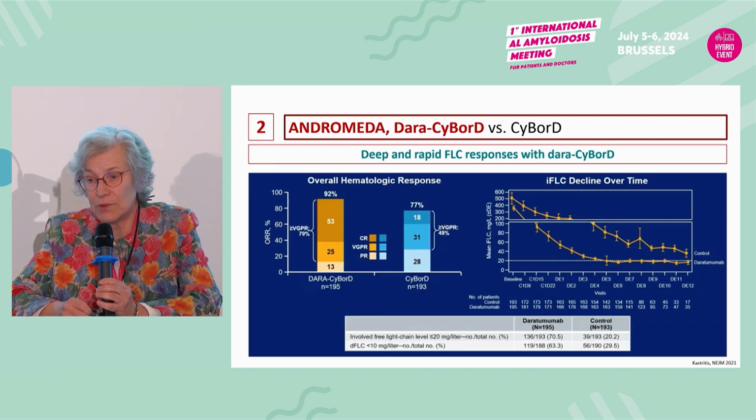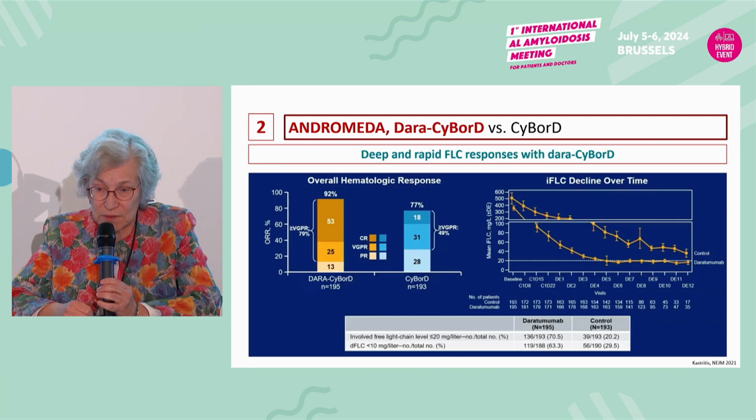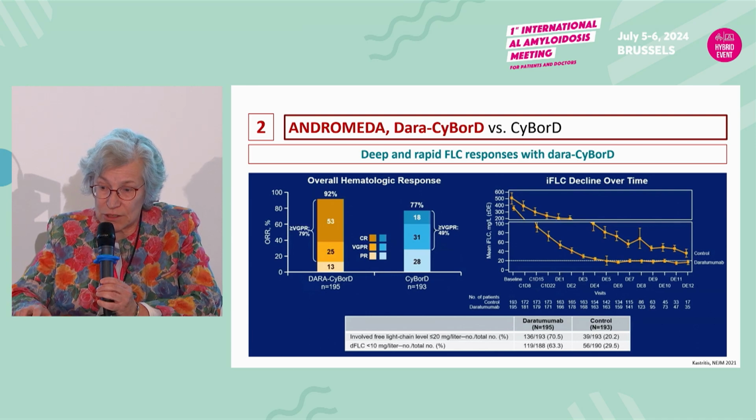But anyway, we can appreciate the overall hematologic response that was quite very high. Even VGPR or better was around 80%, better than the VGPR achieved with VCD, but the major impact of adding daratumumab to VCD was the fact that, as you can see on the right part of the slides, the decrease in the free light chain is quite very rapid, and in addition, you reach a level below the threshold, thus achieving a very good response.